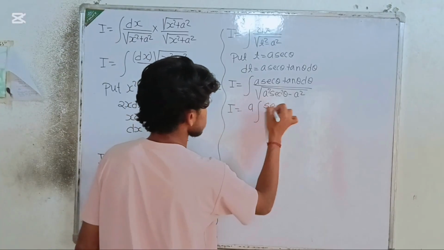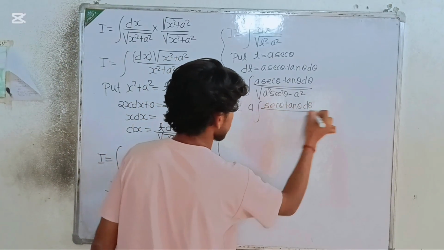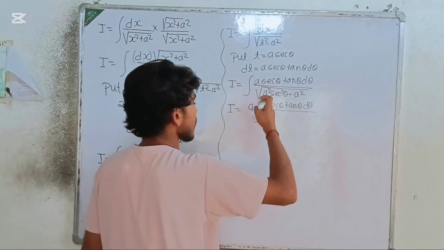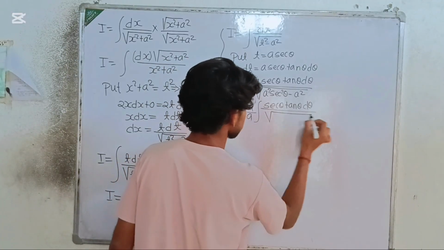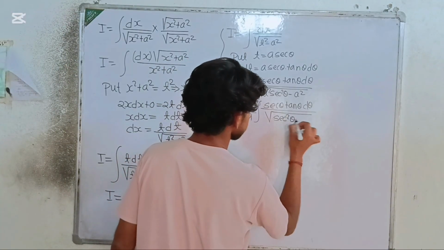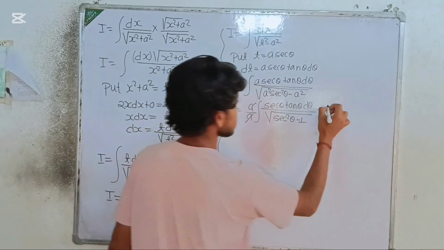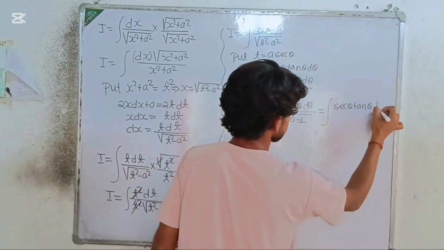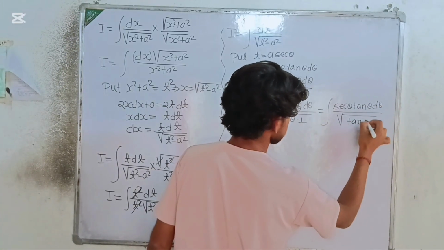So the integral of sec theta tan theta d theta, whole divided by, if you take a squared as common and take it out of the square root, you get a over here, and it is going to be the square root of sec squared theta minus 1. Sec squared theta minus 1 is nothing but tan squared theta.